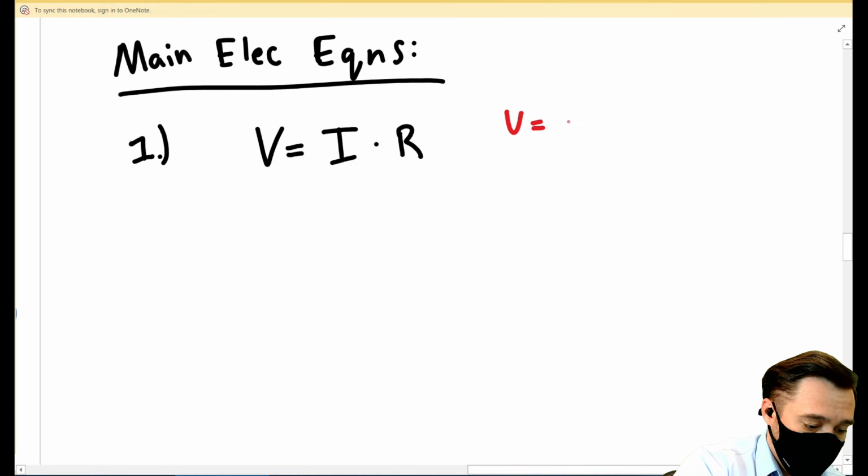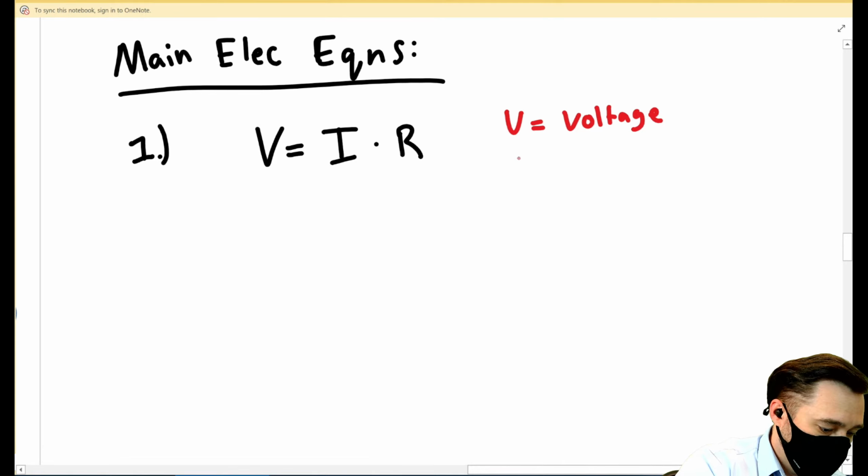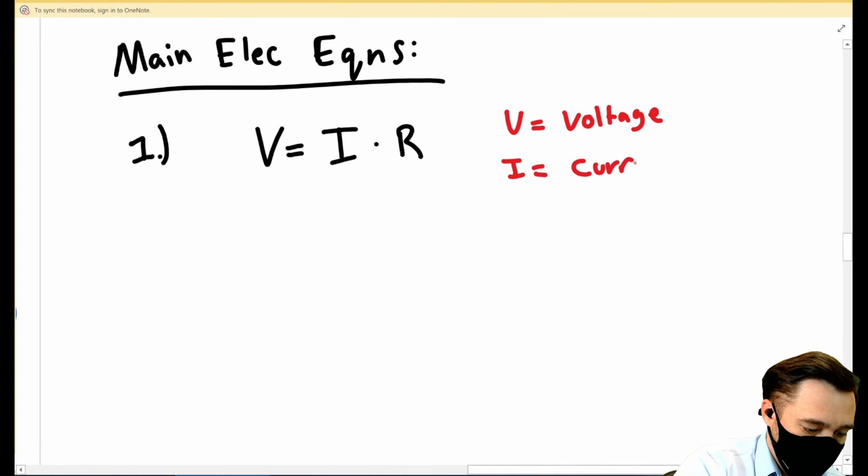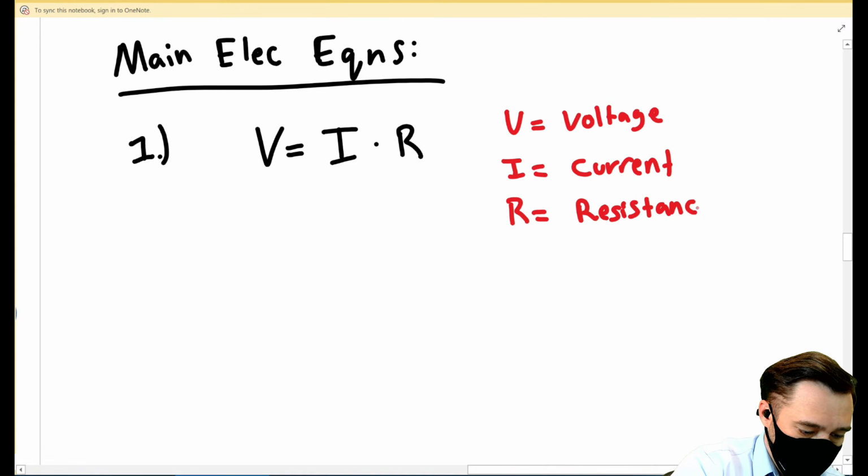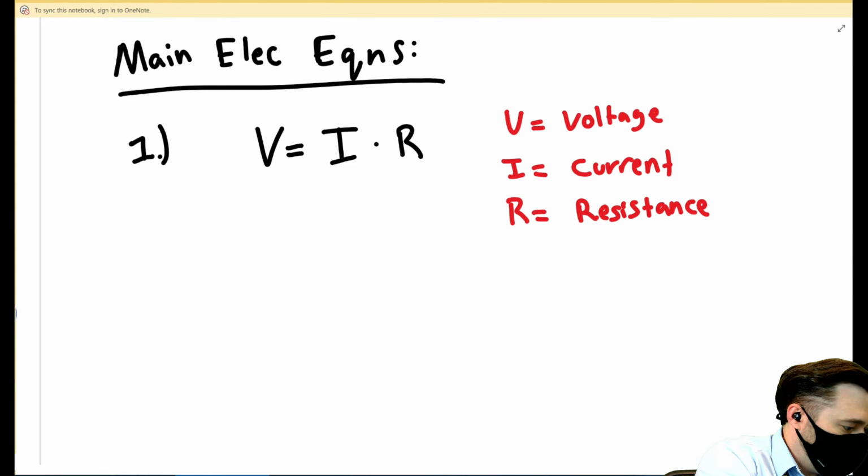V is voltage, I is current, that's going to be in amps. I'll do the amps in a different color. And then R is, of course, resistance.